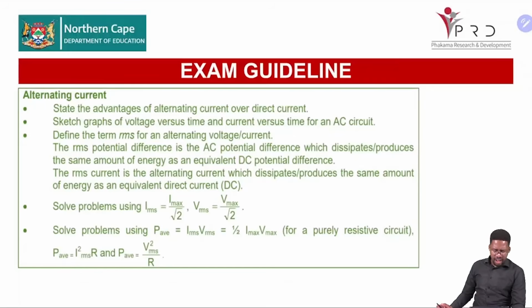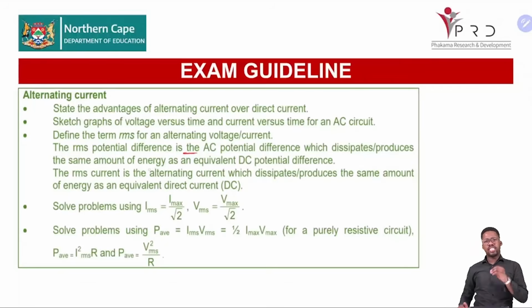So you can define RMS potential difference as, that's what the exam guideline is telling you, that if the examiner asks you to define this term, you should be in a position to provide a definition that comes from the exam guideline of 2021.